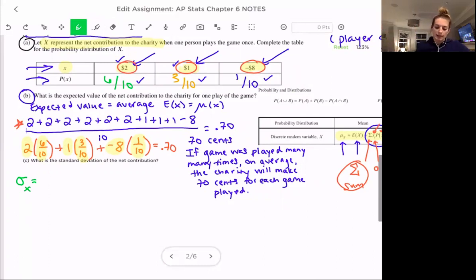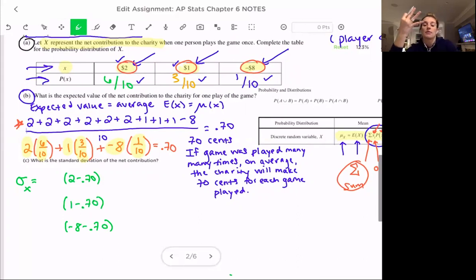So in our case, that's going to be taking an outcome of 2, subtracting the mean of 0.70 from it. And then we want to take the outcome of 1, subtract the mean of 0.70 from it. Then we want to take the outcome of -8 and subtract the mean of 0.70 from it. Those are all of our deviations. 3 possible outcomes, 3 deviations.